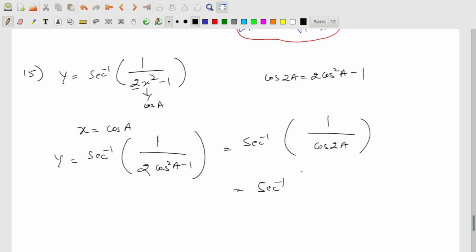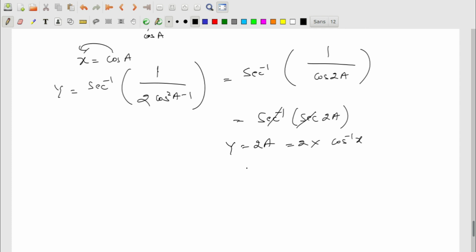Secant is a reciprocal of cos, or cos is a reciprocal of secant. You can write it as secant of 2a. Now just remove this. You will get y is equal to 2 times a, or 2 times cos inverse x.